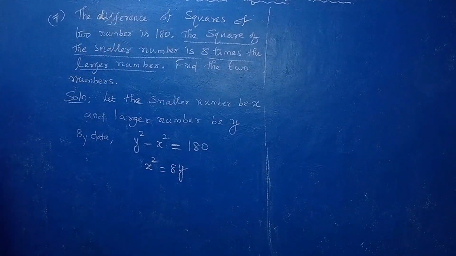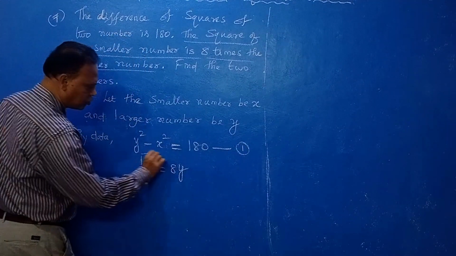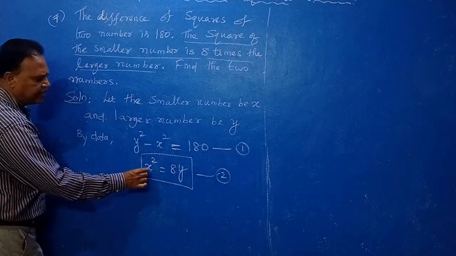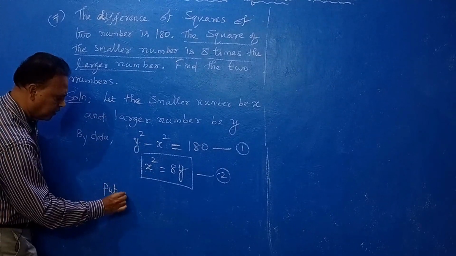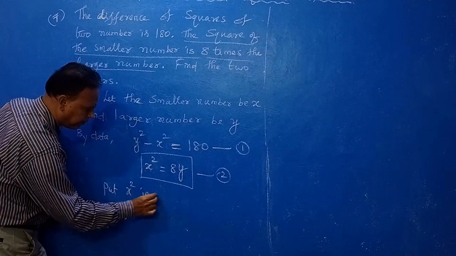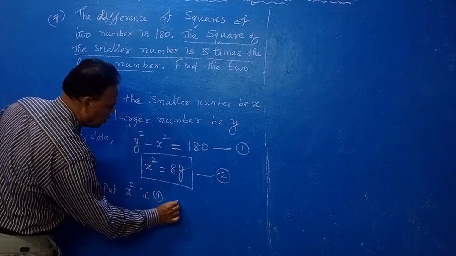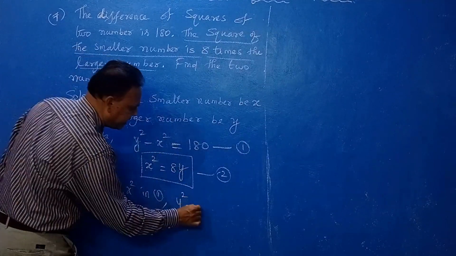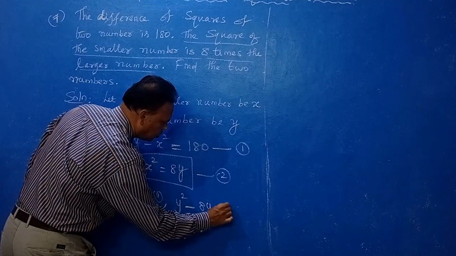Now take this one as equation 1 and this x squared as equation 2. You can substitute this x squared in 1, so that you will get a quadratic equation: y squared minus, in place of x squared you write 8y, is equal to 180.